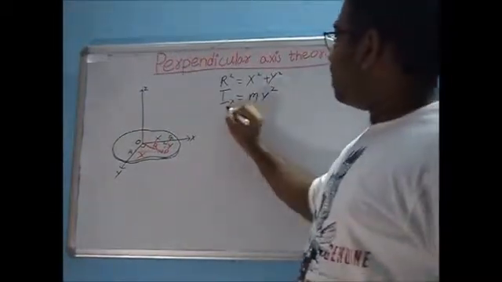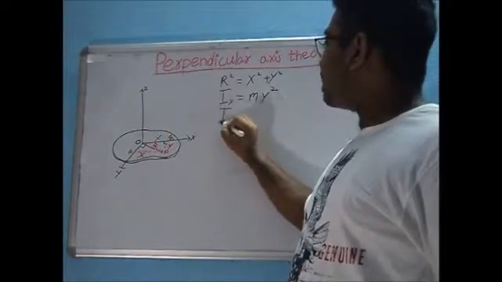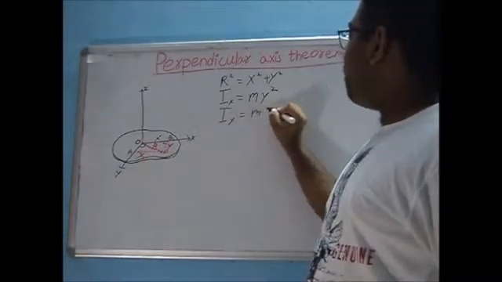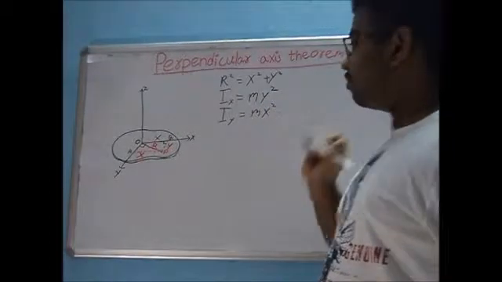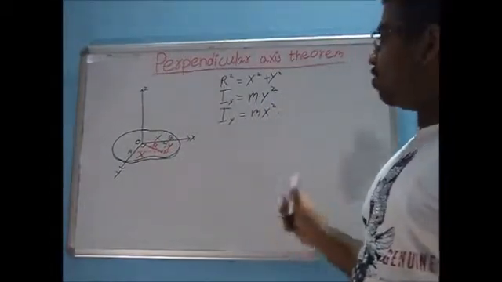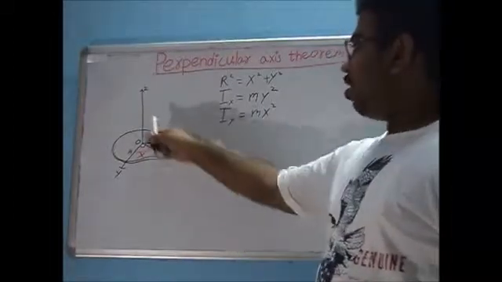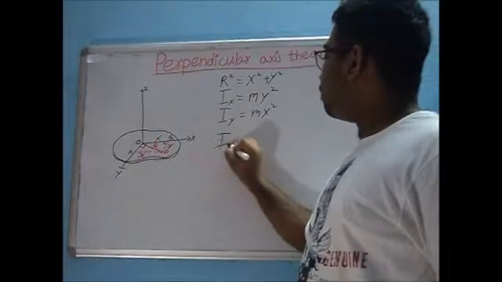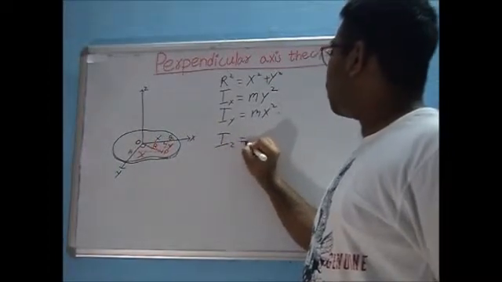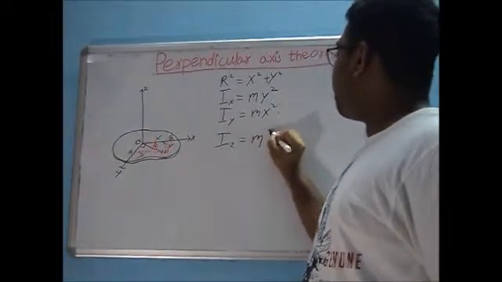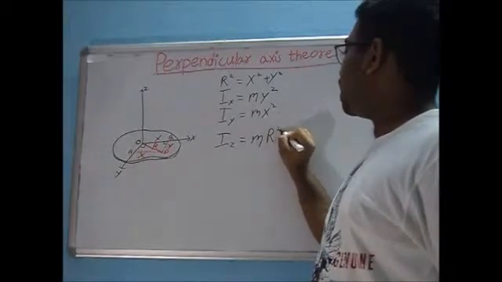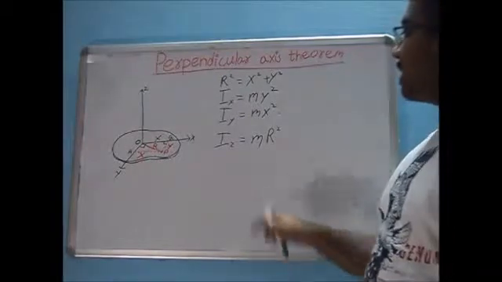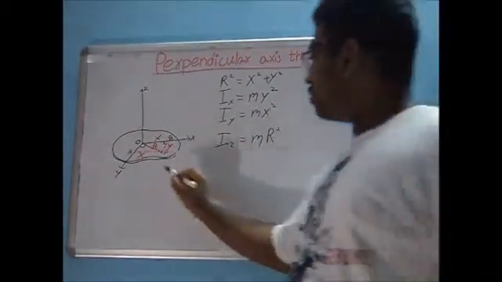Similarly, along the y-axis, the moment of inertia equals m x square. Also, the moment of inertia along the z-axis would be m r square.